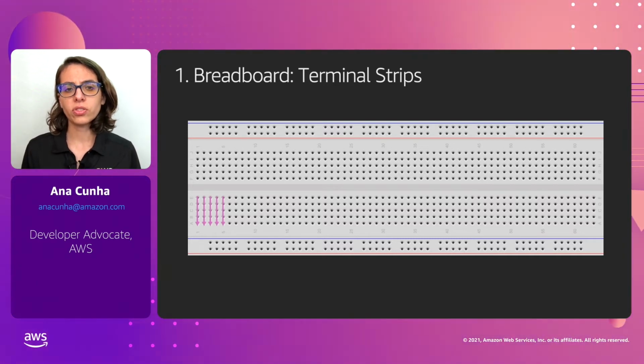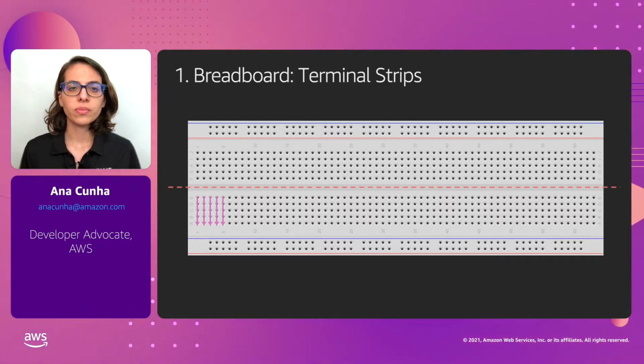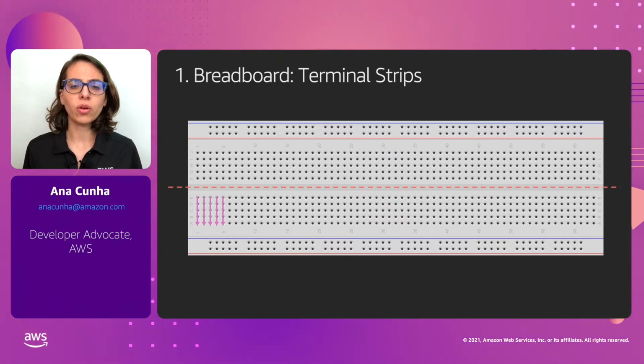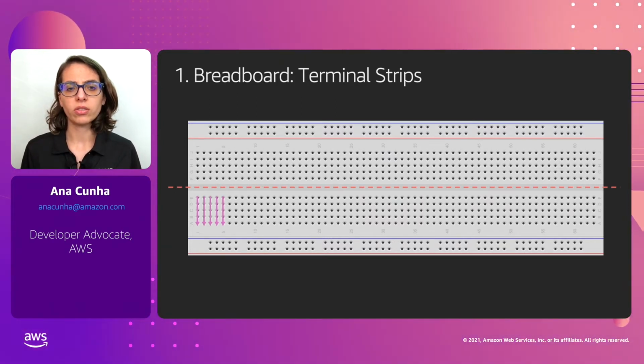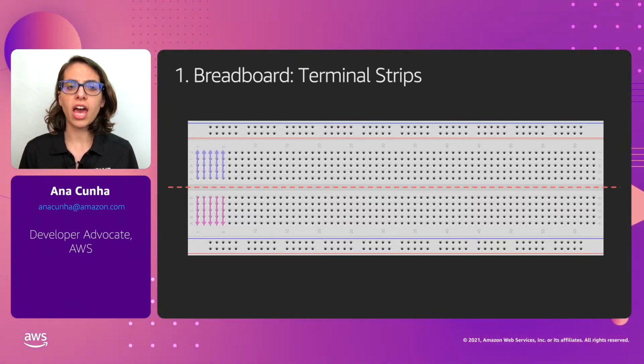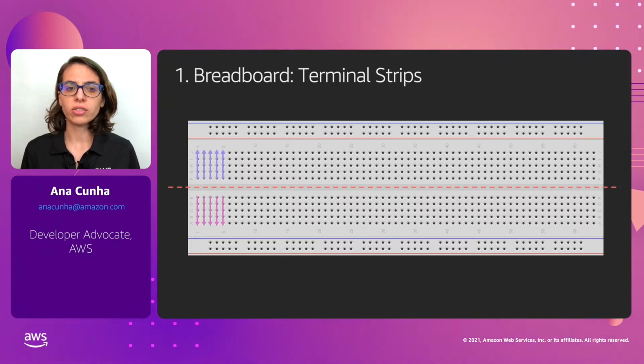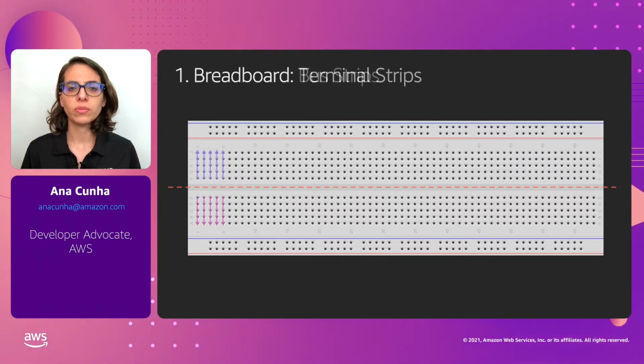The terminal strips are divided by a notch that lives in the middle. The key takeaway here is that the columns above and below the notch are not connected. So the notch splits the terminal strips in half, and only the pins on the same side of the notch are connected. This is actually useful because it allows us to work with more components.